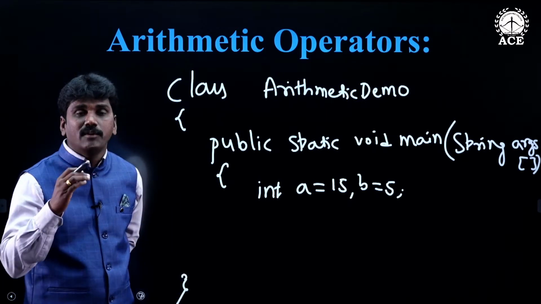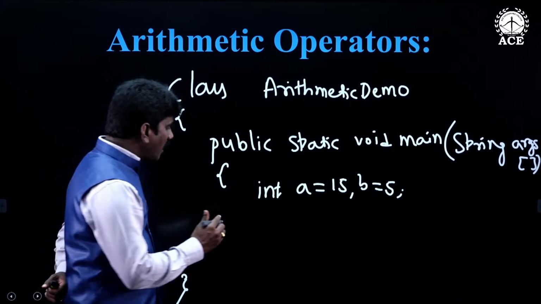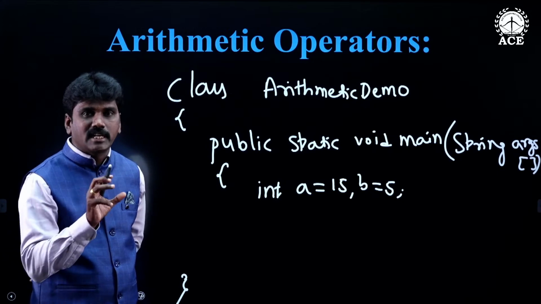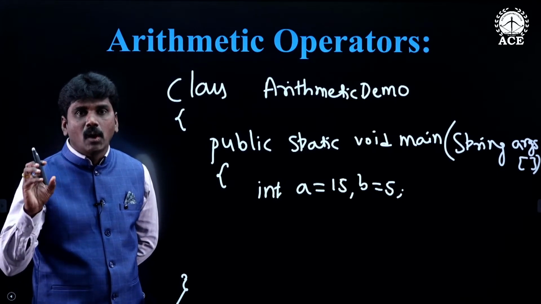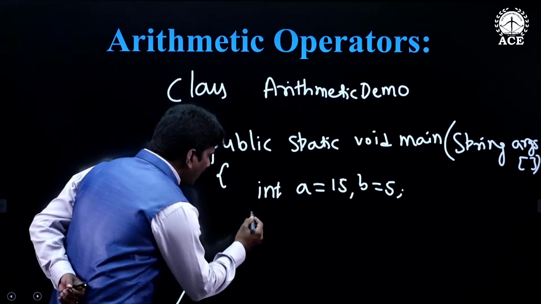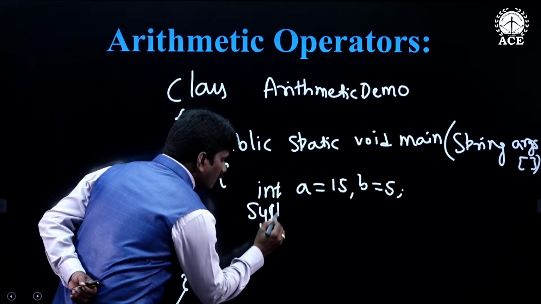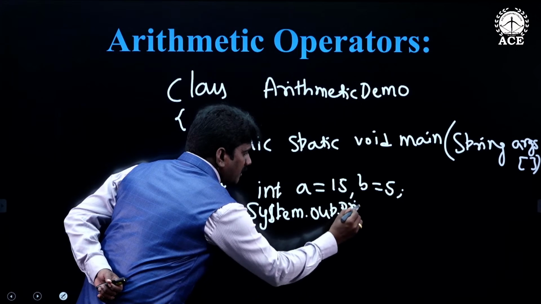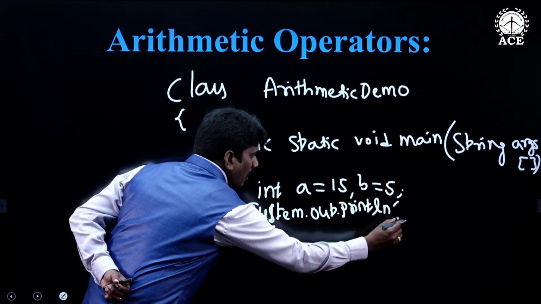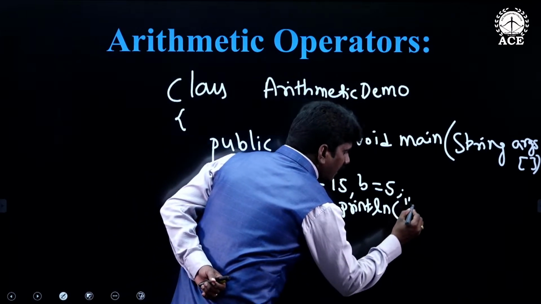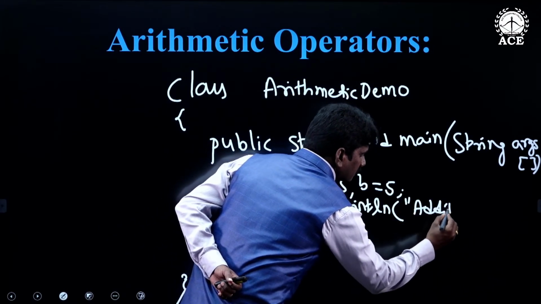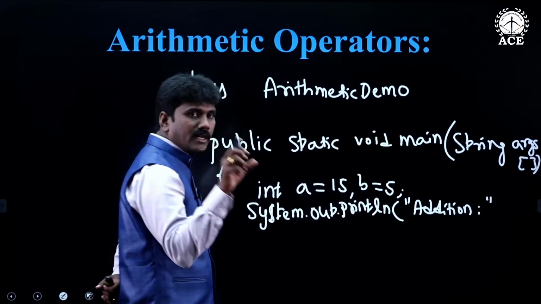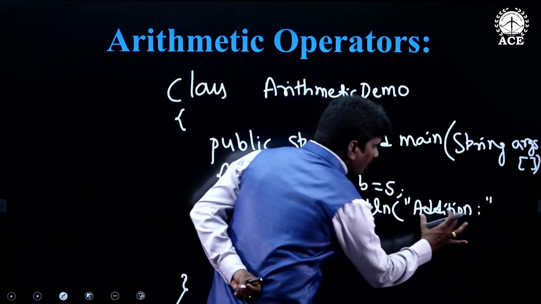So for that purpose, how can we write the Java program? As we have already seen, if you want to print anything, we have to take one statement, System.out.println. Here I am expecting addition, and whatever you want to print can be enclosed in double quotations.